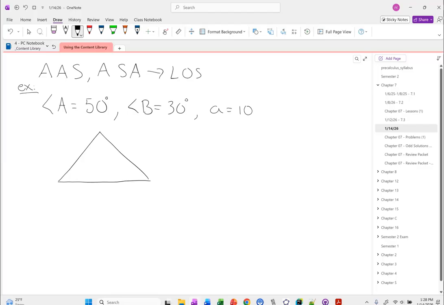Angles or sides? Angles. Okay. How do I name the sides? Yep. Then I should fill in the givens.